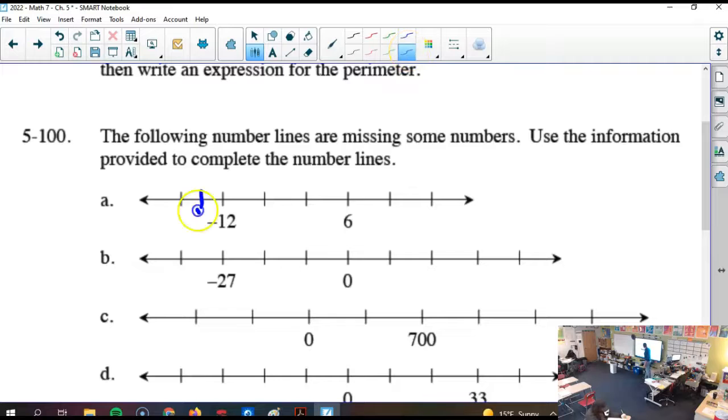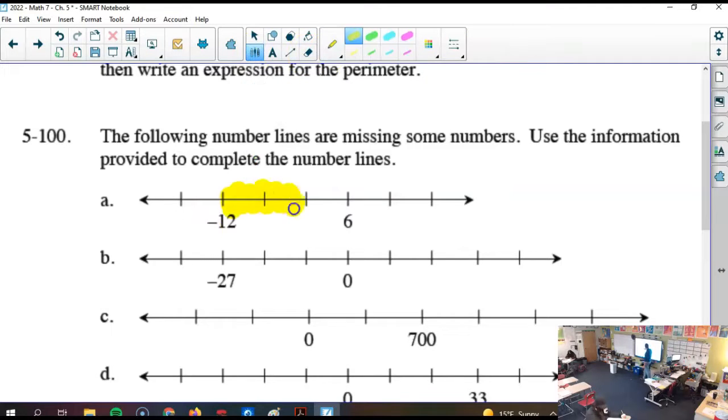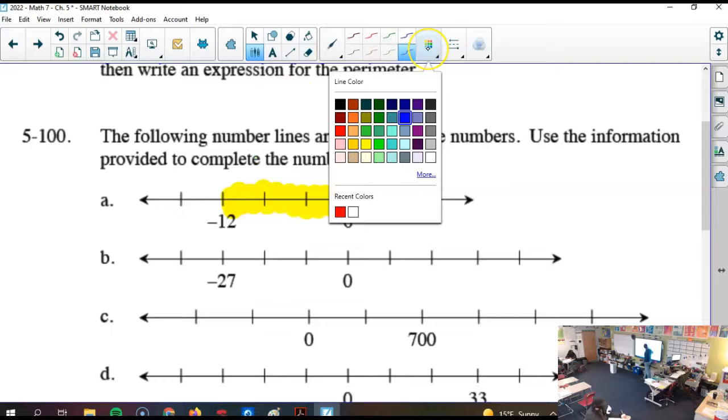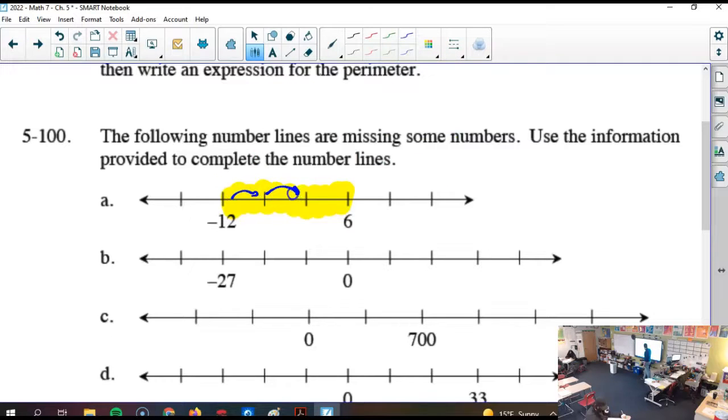So we know that this is negative and this is positive. We know 0 is somewhere in between them. But what we can do, how far is this? 3 jumps, right? So if we think about the jumps there, we've got 3 jumps. But then how far is it numerically? From negative 12 up to positive 6, that's a distance of 18.